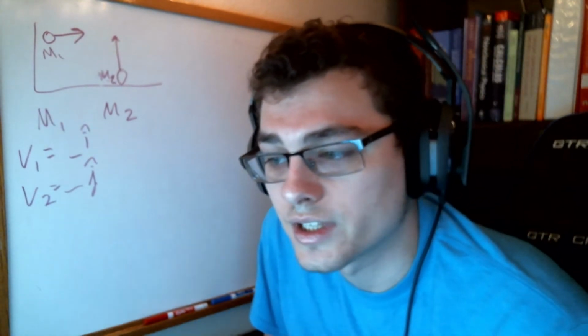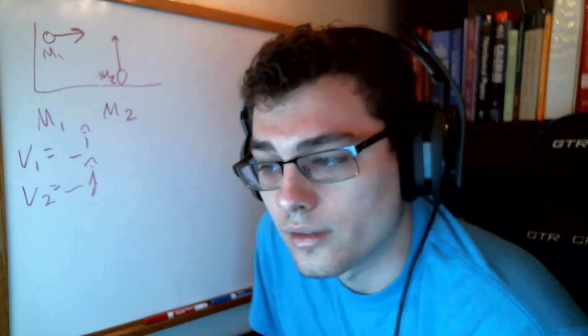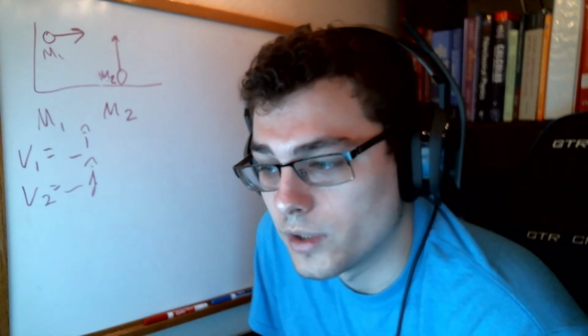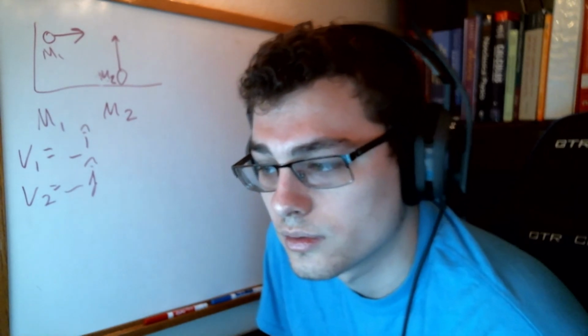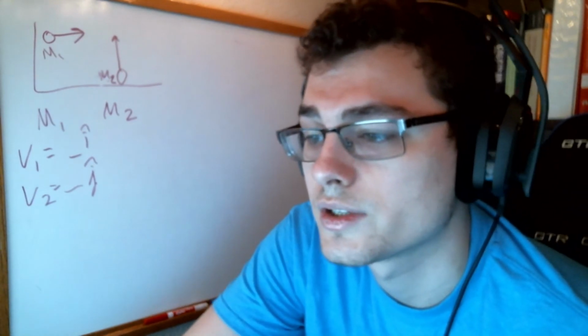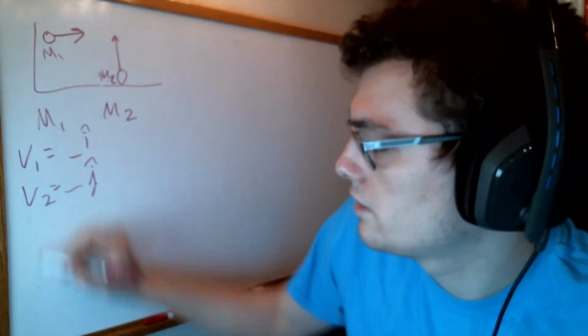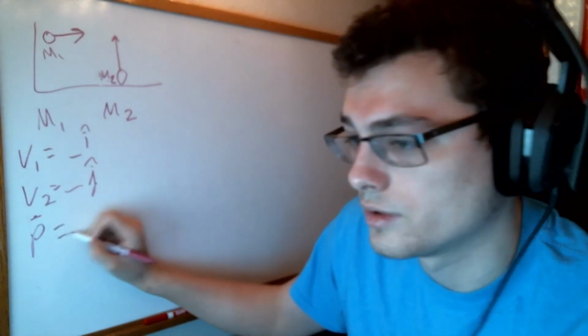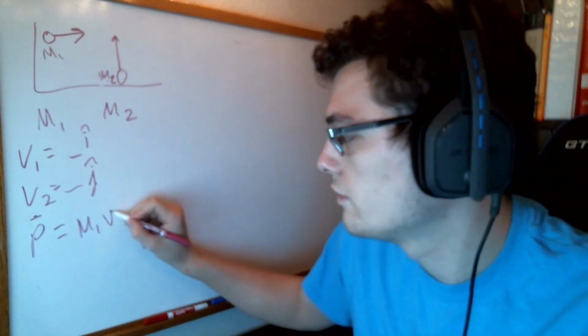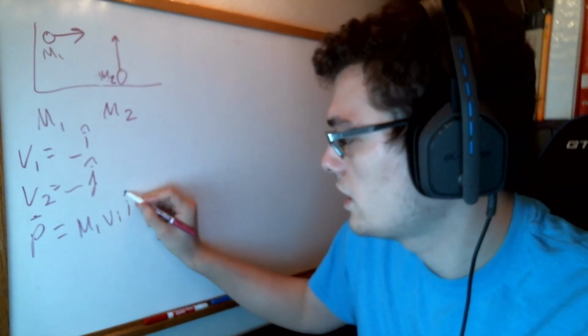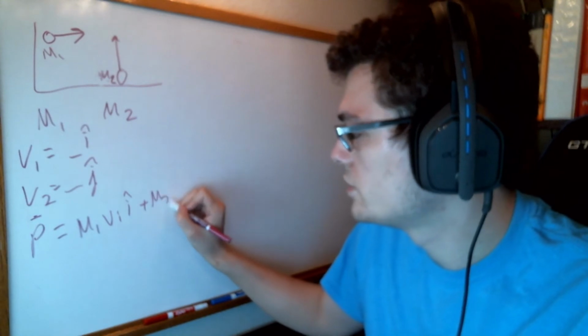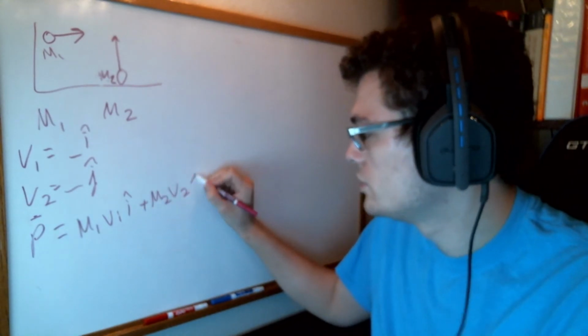So after they stick together, their new momentum is going to be a composite of the two. So in this case, we have that P is going to be equal to M1 V1 i hat plus M2 V2 j hat.